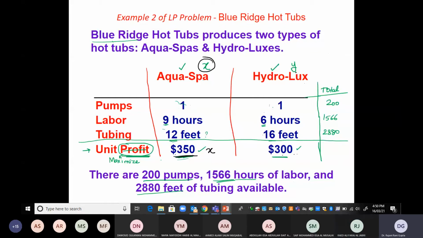So what will be the total profit? Total profit will be from Aquaspa tubs plus the Hydrolux tubs. So it will be 350X plus 300Y. So we write about total profit.